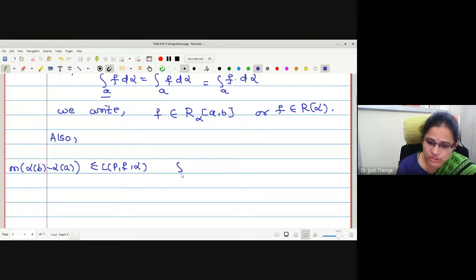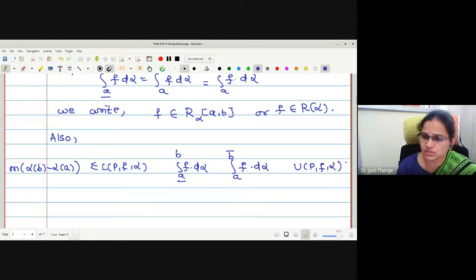Now I want a relation here, lower integral, upper integral, and I want the relation with an arbitrary upper sum, which we have already proved is less than or equal to capital M times alpha b minus alpha a.